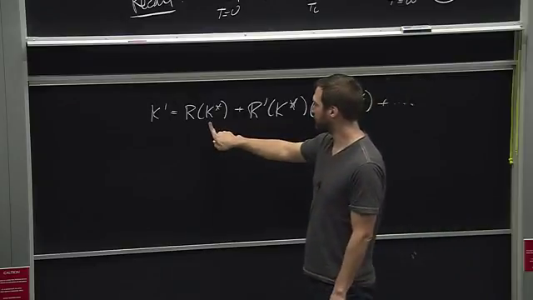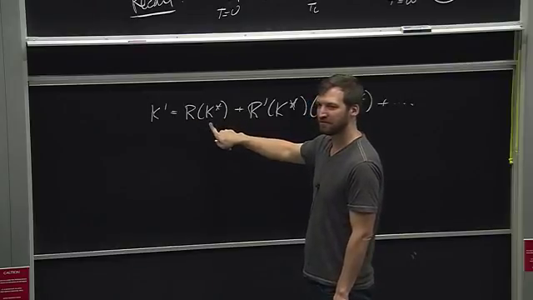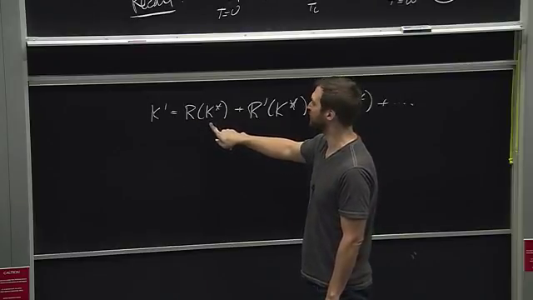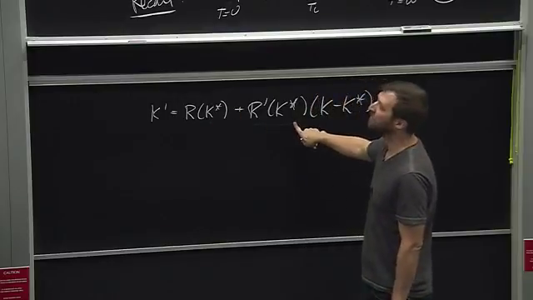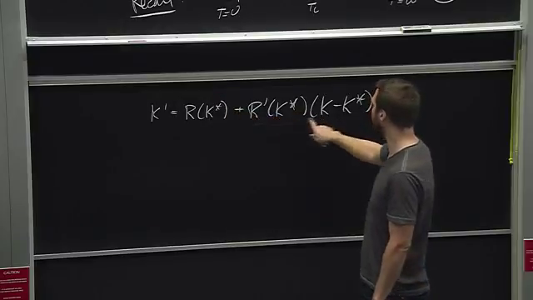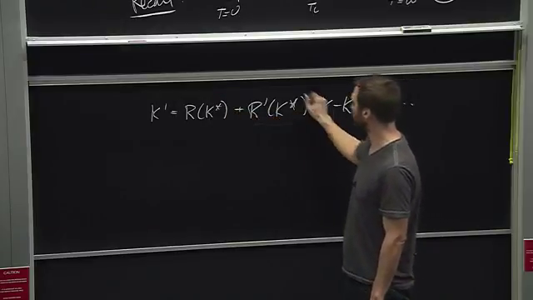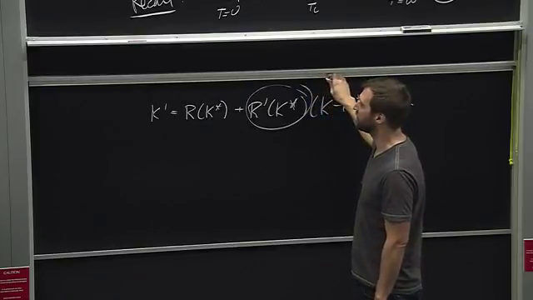The point is that near the fixed point, R of K star is K star because the renormalization quits going. These are your derivatives, and this is the distance. So this turns into your T matrix in the general case. Oh, I see. So that's just your Taylor expansion.